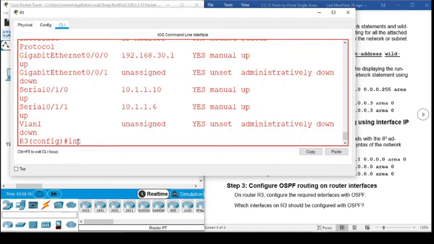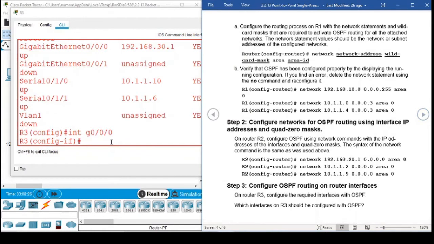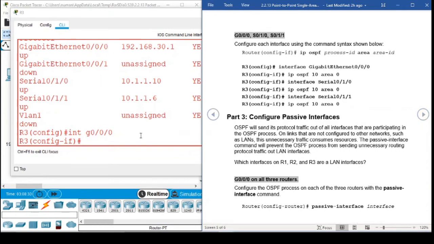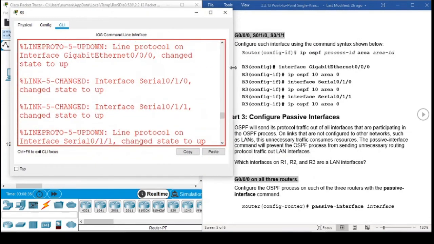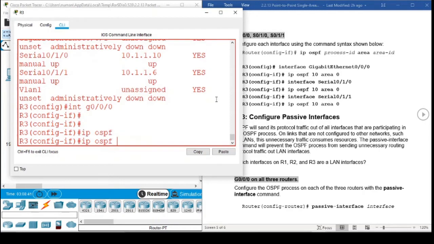So I enter into the G0/0/0 interface. The mode is now config-if, so it shows it's the interface mode. And after that, I write the command ip ospf, process number, and the area.